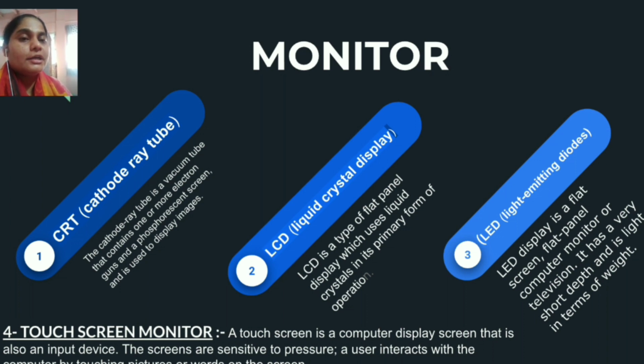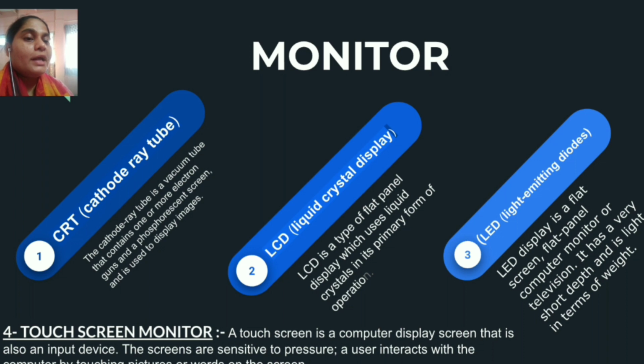The cathode ray tube is a vacuum tube that contains one or more electron guns and a phosphorescent screen and is used to display images. Students, this means electron guns are working to display the screen. Next, number 2, LCD, liquid crystal display.